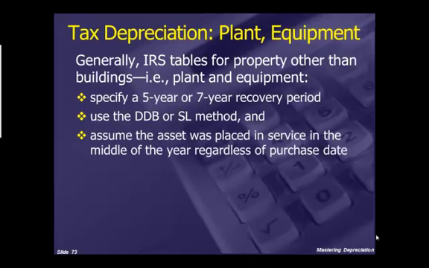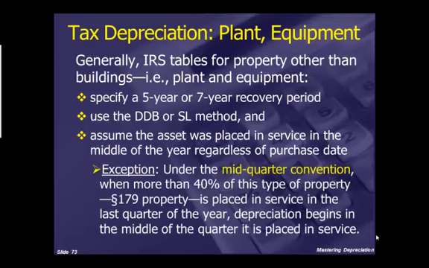We also assume that the asset was placed in service in the middle of the year, regardless of purchase date. Whereas when we were looking at the real property, we were assuming the middle of a month. They call that MM, or mid-month. Here we've got middle of the year, half year, HY for half year, regardless of the purchase date. Now there is an exception.